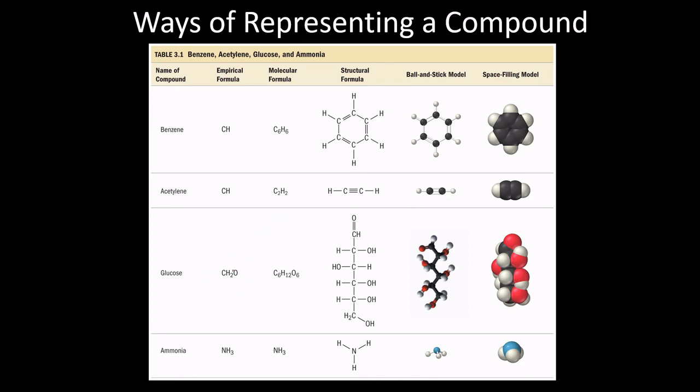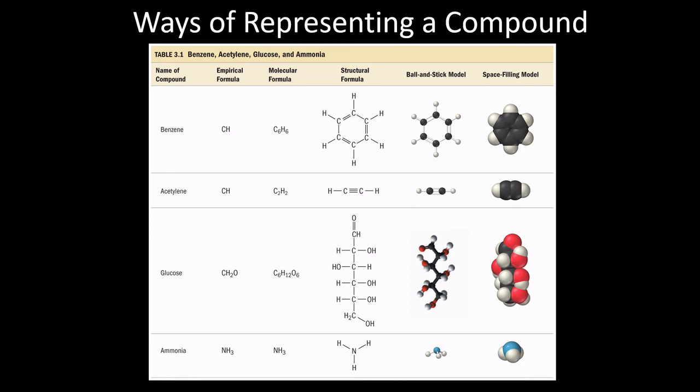And so a similar thing here with glucose. Everything here can be divided by 6, which gives us CH2O. Ammonia is small enough that the empirical formula is actually the same as the molecular formula. Most of the time, empirical formulas are only going to be useful if you're using an instrument called a mass spectrometer. Mass spectrometers will give you empirical formulas.